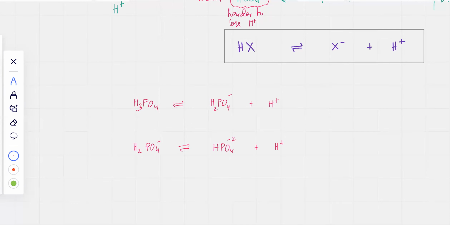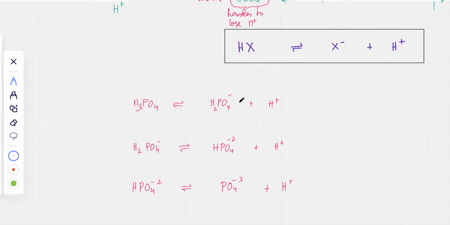And in the last step, it's going to be HPO4 minus 2 that releases an H plus 1 ion.